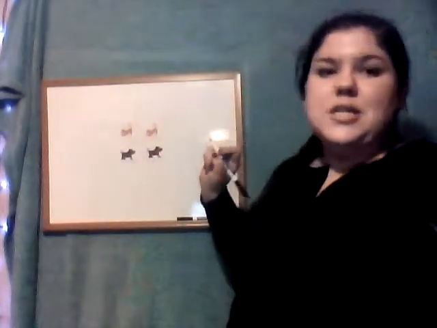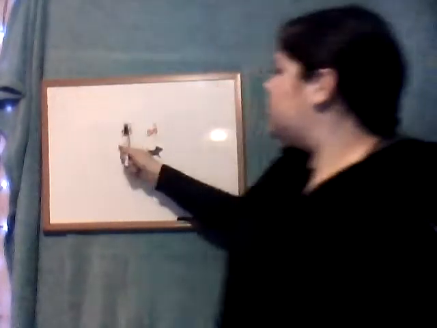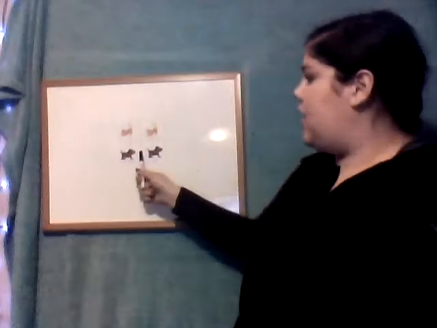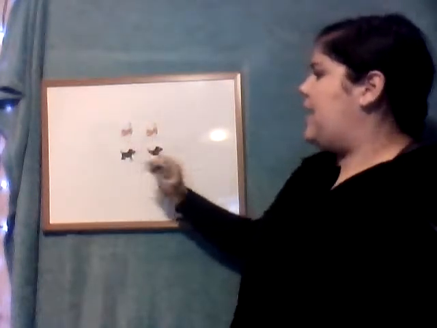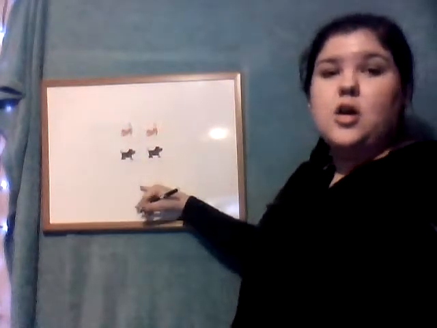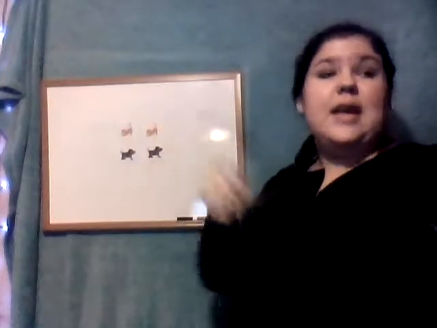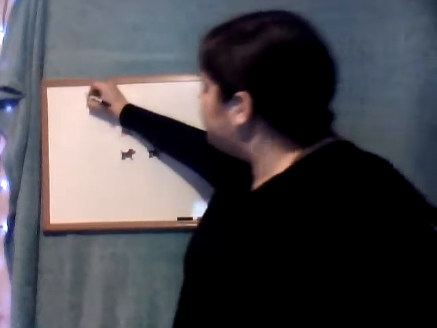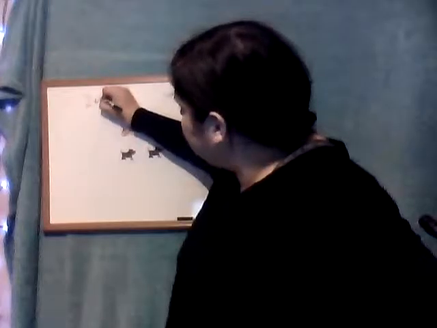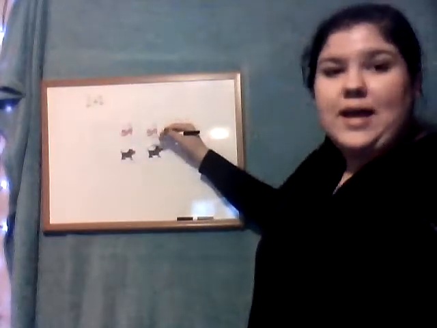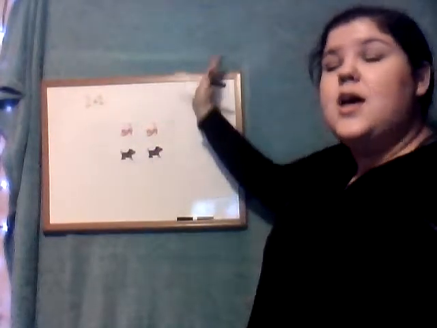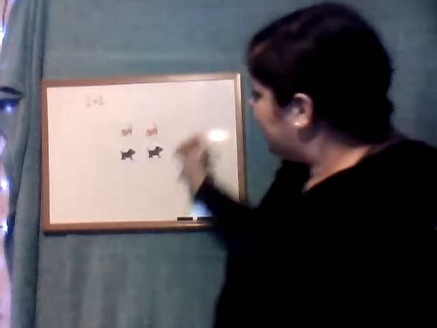So our equation is going to be, so there's 2 cats and there's 2 dogs. And we want to know how many cats and dogs there are. So what would our equation be? Yes. It's going to be 2 plus 2. Now the way you write an equation vertically is like this.